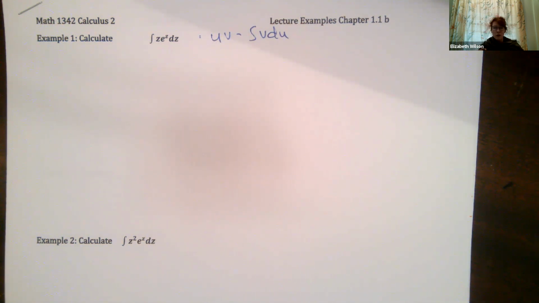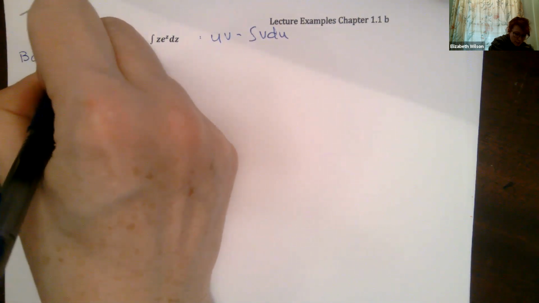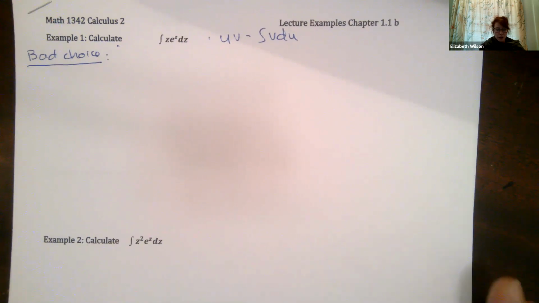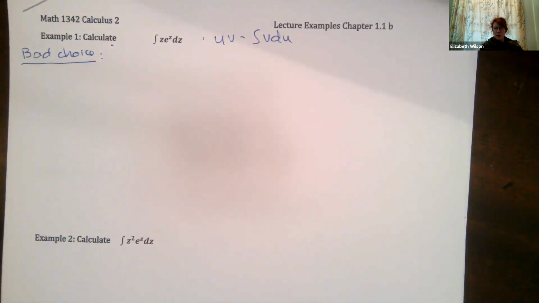and I'll show you, as we work it through, how I realize that that's the bad choice of assigning u as this and dv as that. Okay, so let's try it. I'm going to make the bad choice first. Okay, and this happens, right? When you're working through functions, like when you do the homework, I know that there's some kind of mnemonic that people like to remember how to choose which function is which.